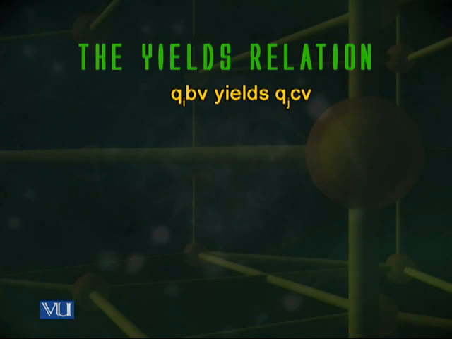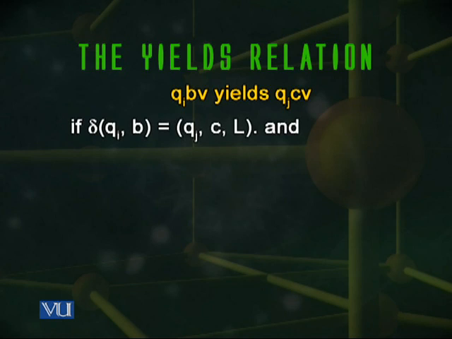As you can see, in this case, U is equal to the empty string, which means the machine is scanning the leftmost symbol. Now suppose that delta of QI, B is equal to QJ, C, L. So the delta function says that if the machine is in state QI and reads the symbol B, it should go into the state QJ, replace the symbol with C, and more importantly, move to the left.